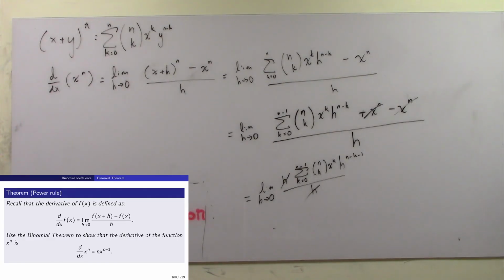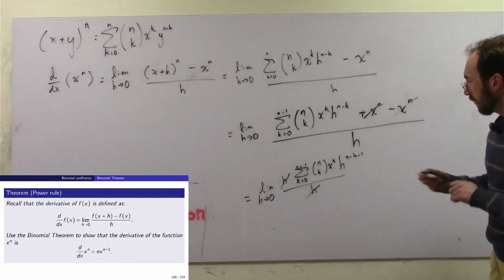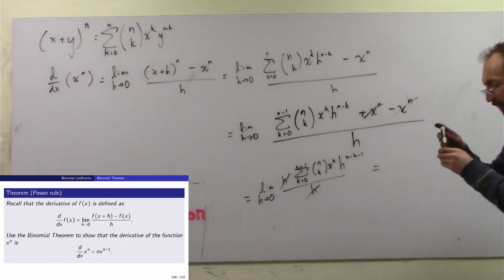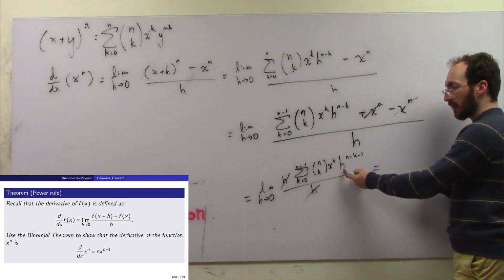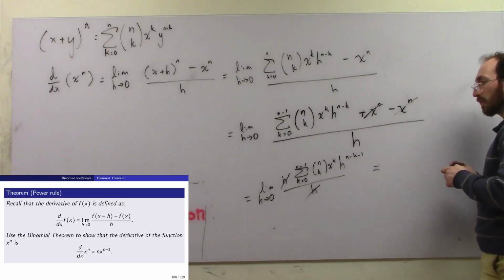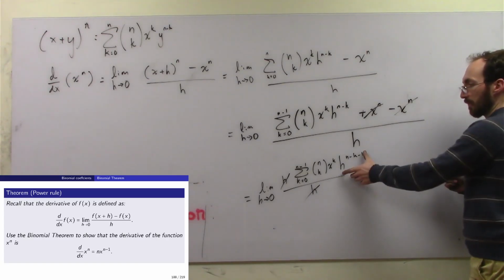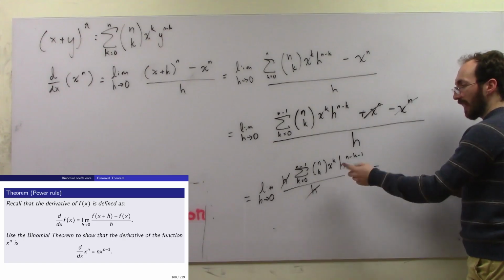And so we can just take the limit as h goes to 0. And everything that still has an h here is just going to go to 0. And we're just left with only the terms when h is missing. And which term is that?